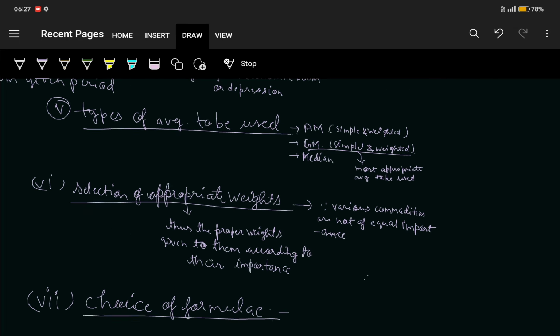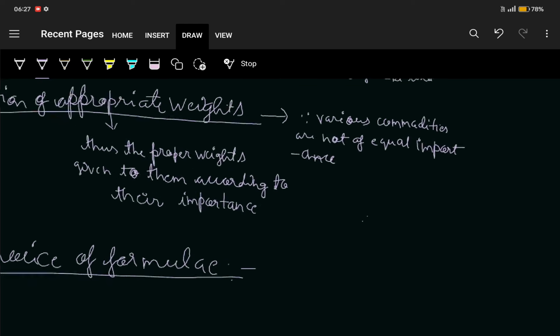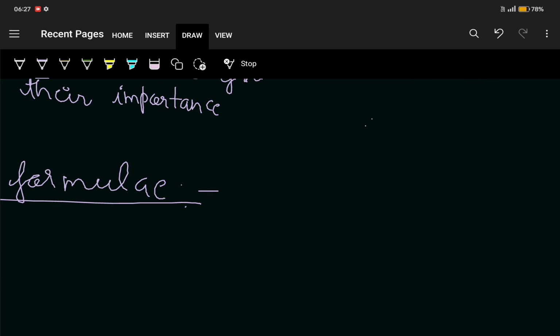So for which we have to know some notations. Let Pij denote the price of jth commodity in the ith year.